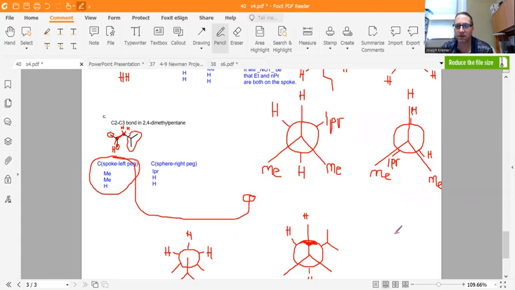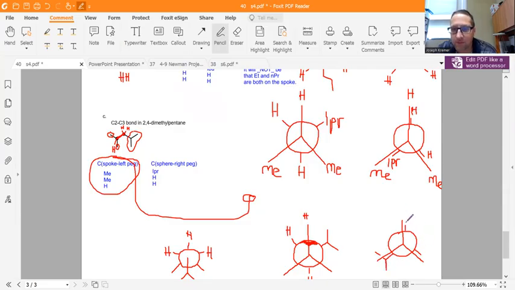I'll try to draw it down here. You can see how unstable it is a little bit better. I'll also draw it like that. Line angle formula. I have to break the bond to show that that's in the back.